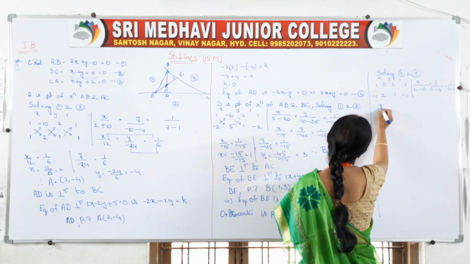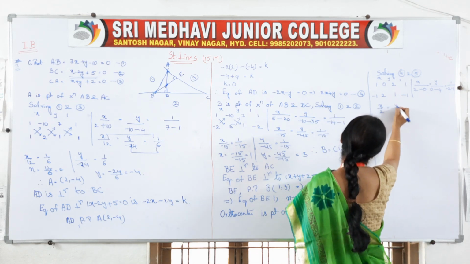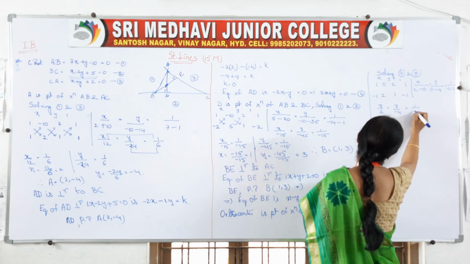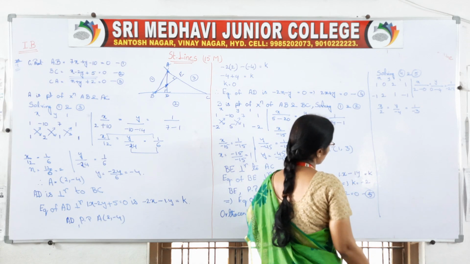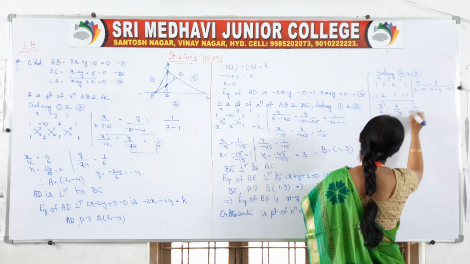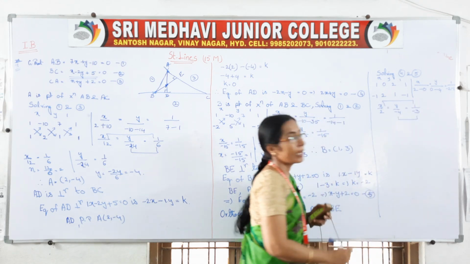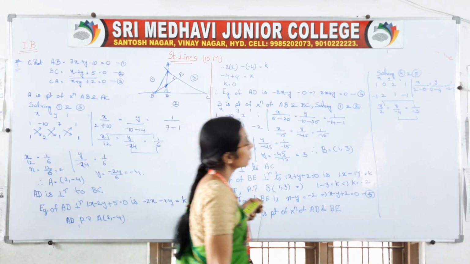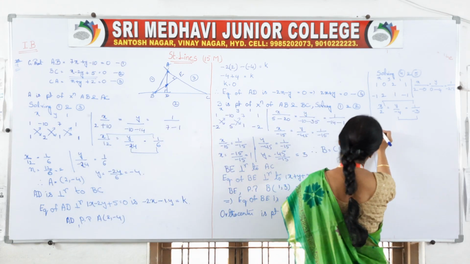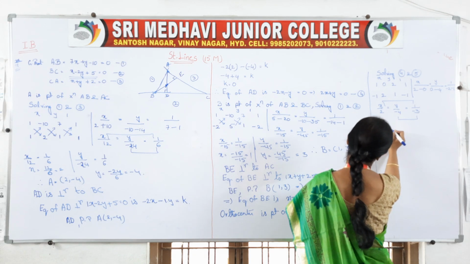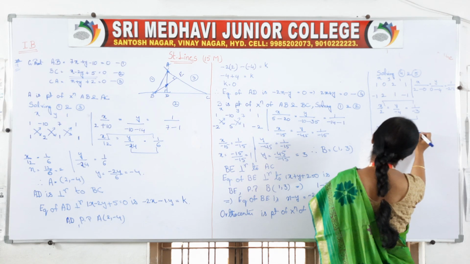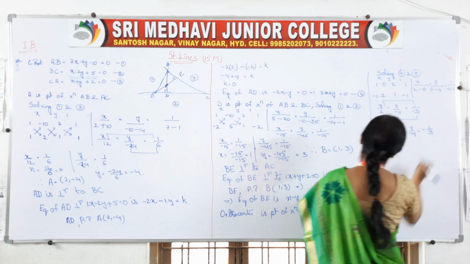So x by 2 is equal to y by minus 4 is equal to 1 by minus 3. So already I said to you, we have to equate x term to constant, y term to constant. So x by 2 is equal to minus 1 by 3, y by minus 4 is equal to minus 1 by 3.